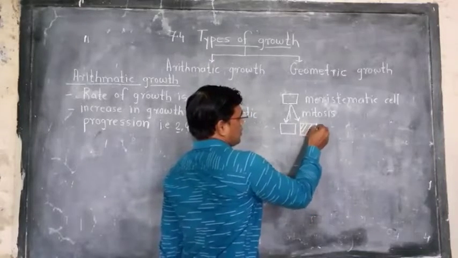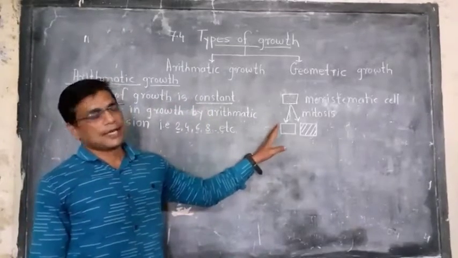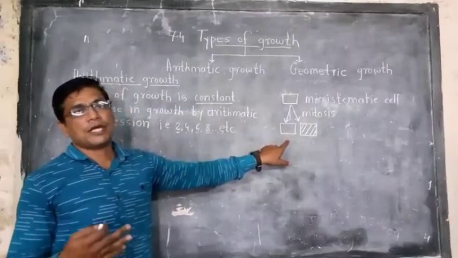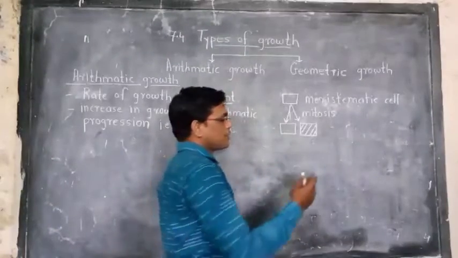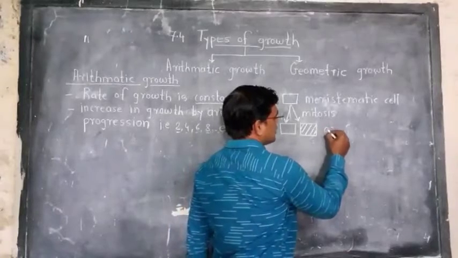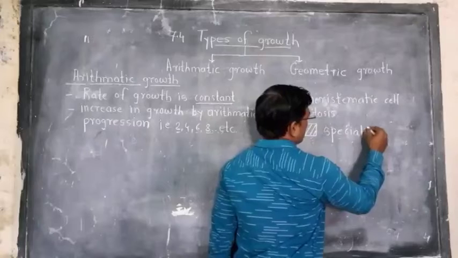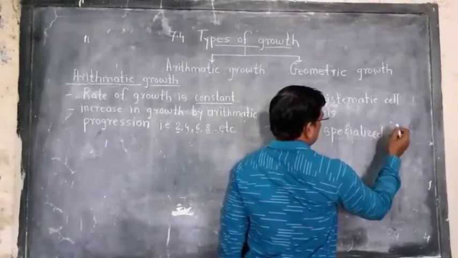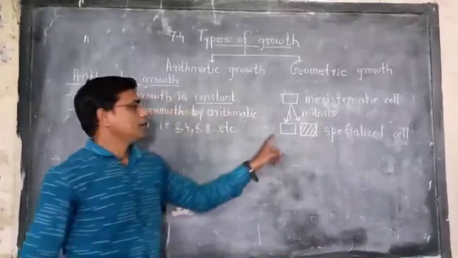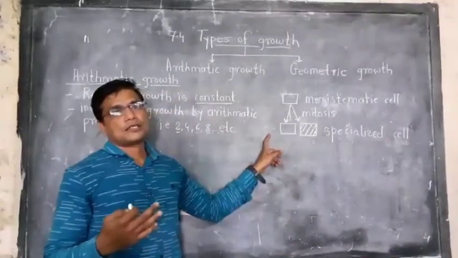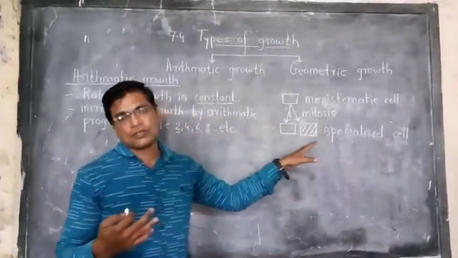From these two cells, one cell remains as a meristematic cell and the other cell becomes a specialized cell. What is the difference between a meristematic cell and a specialized cell?